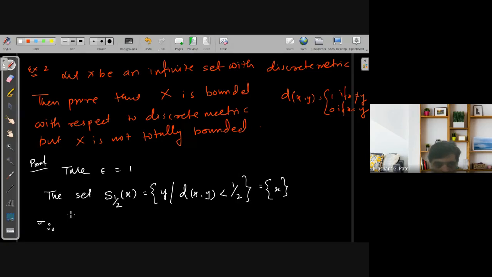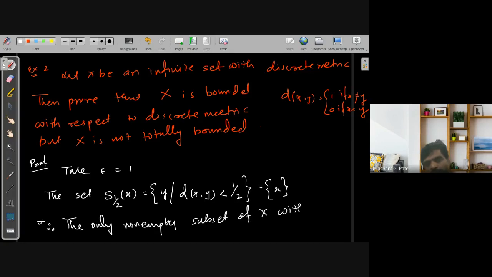Therefore, the only non-empty subsets of X with a diameter less than 1 are singleton subsets.